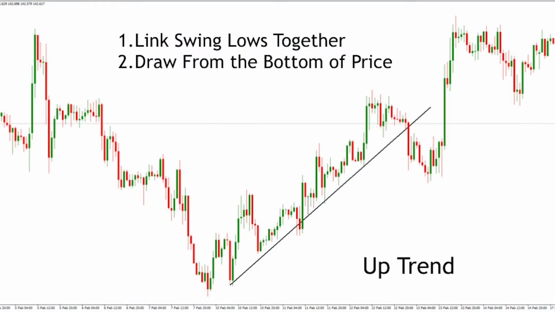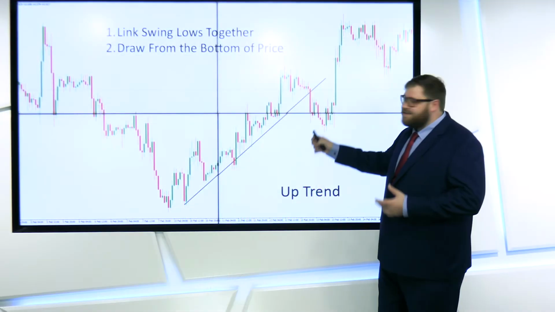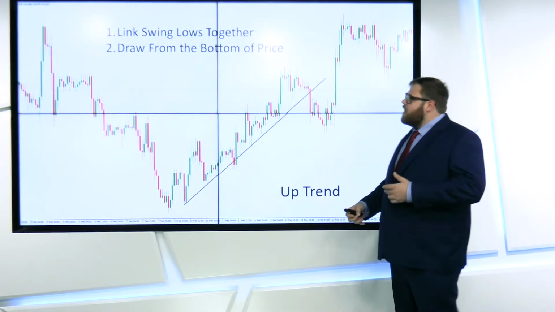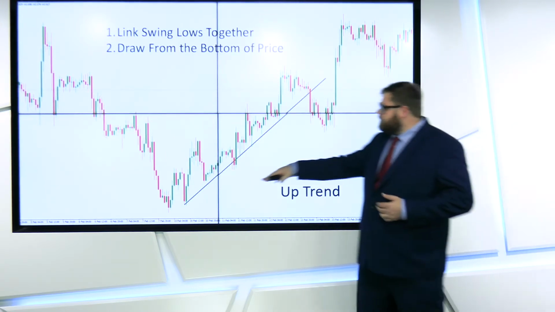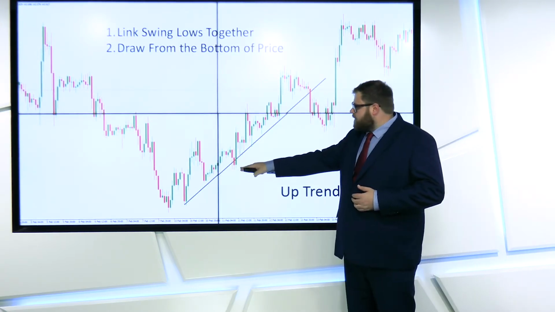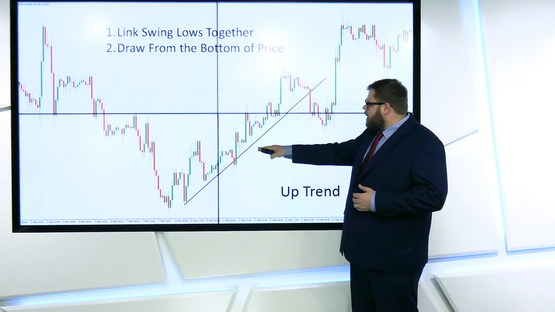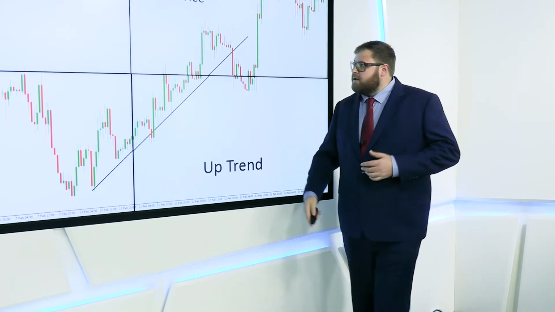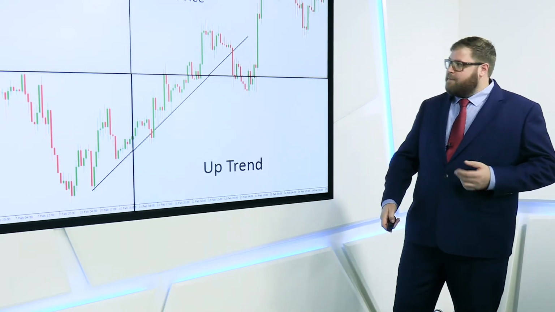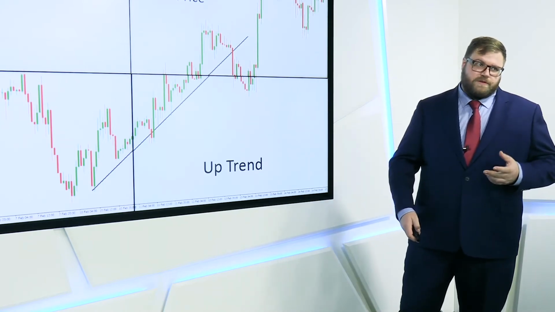Now, I want you to think of an uptrend as this line here that I've got. Now, the criteria for an uptrend is that you have a link between swing lows all working together. So if you can see on the chart, we have a higher swing low, another higher swing low, and as price progresses up, it keeps on moving. Now, the same thing can be said about a downtrend, however, it's the opposing effect.